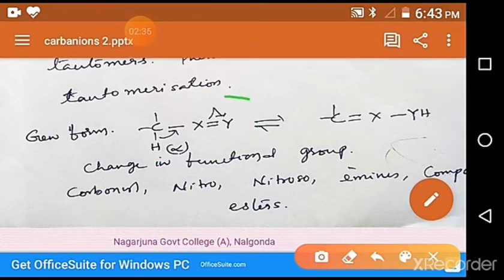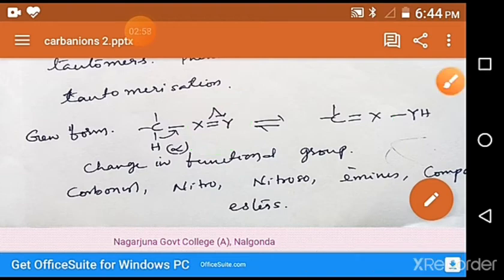You see, this is a double bond, X double bond Y. For example, carbonyl, C double bond O; nitro, N double bond O; nitroso, N double bond O; imines, C double bond N. So there should be a double bonded group. The minimum condition to exhibit tautomerism is that it should have an alpha hydrogen and, at the same time, a double bonded group.